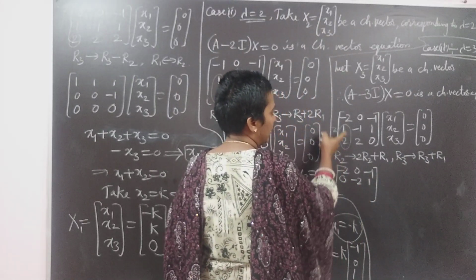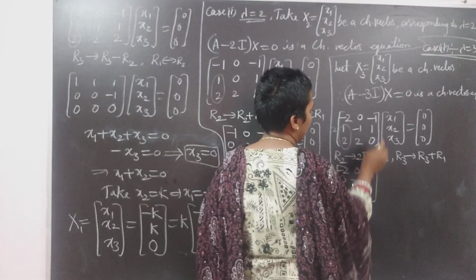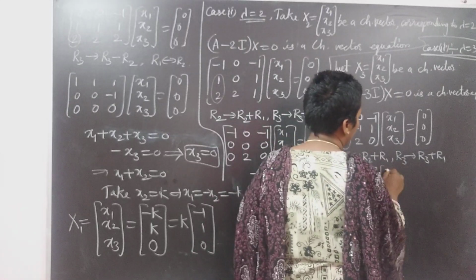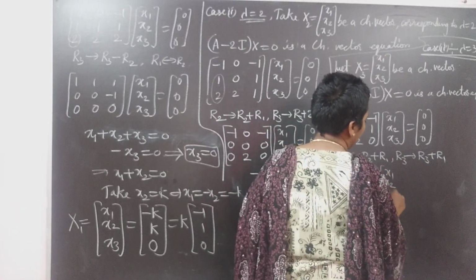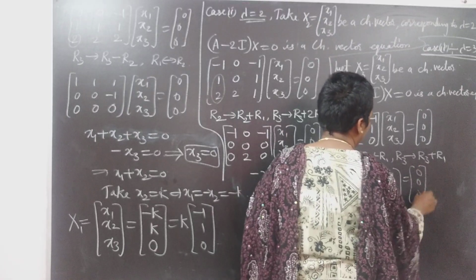And in R3, these two are 0, it is 2, 0 minus 1, minus 1, into x1, x2, x3 equal to 0, 0, 0.